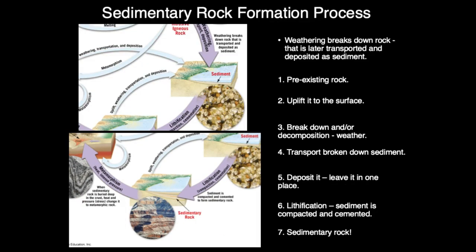If we look again at these 7 steps needed for the sedimentary rock formation process, which we covered in chapter 6, we will see that there are many conditions needed for steps 1 through 7 to occur.